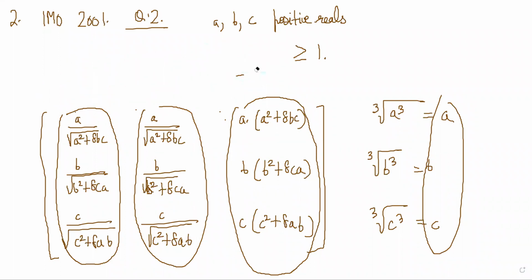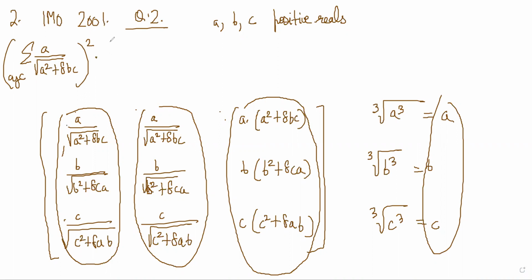By Holder's, what I get is the summation of A by root over A square plus 8BC, and this is cyclic. So basically this plus this plus this. And the same thing repeats two times, because I have to multiply all the column sums.